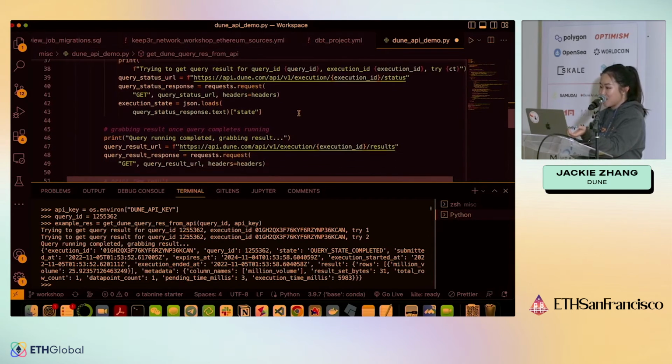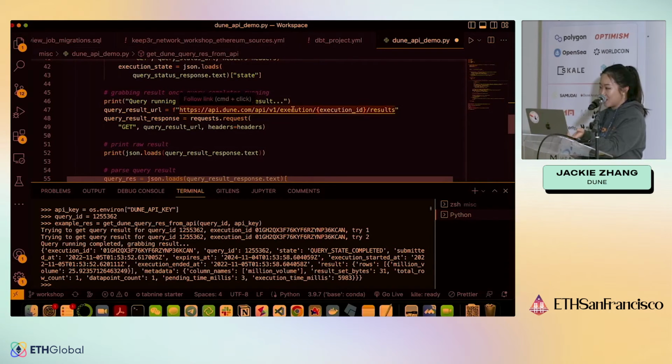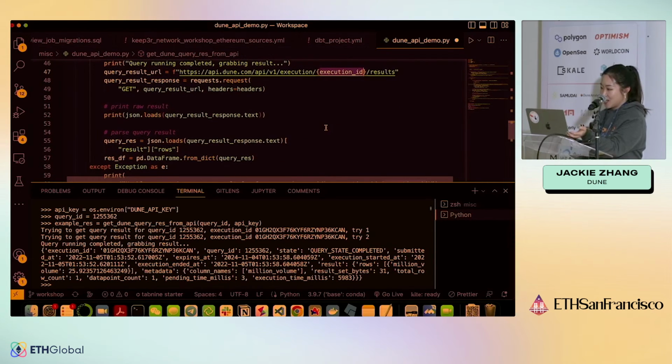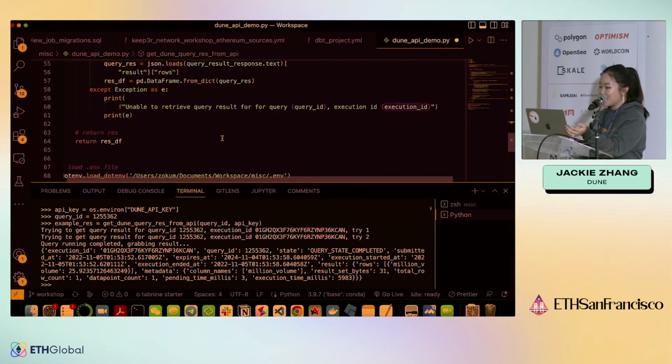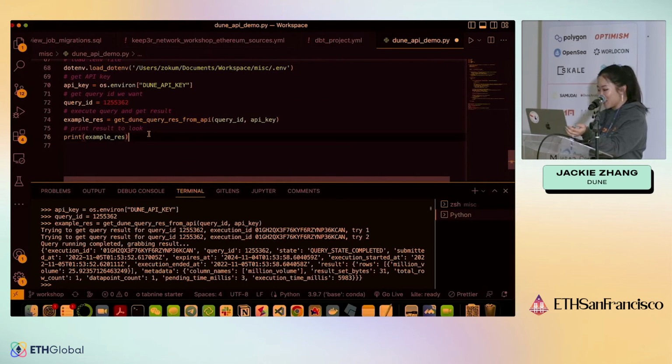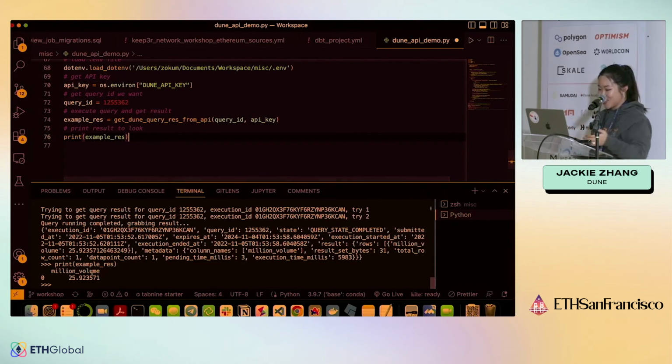Once it finishes, I call another endpoint to get the results for this particular execution ID, and then I do some simple parsing to get a pandas data frame. We only have one number here, so it's pretty easy. We just get, ta-da, 25.923. A very, very simple example, but you get the idea.